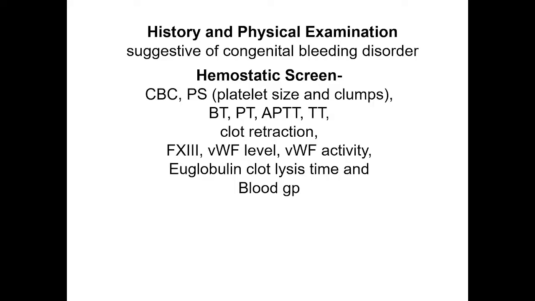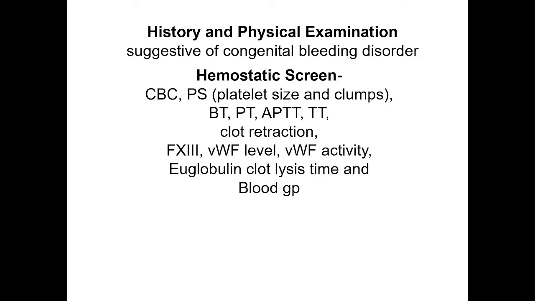Then bleeding time, PT, APTT, thrombin time, clot retraction, factor 13, von Willebrand factor level, von Willebrand factor activity, euglobulin clot lysis time and blood group. All these should be included in the screen. Screen means we should not miss any bleeding disorder. That's why these other tests are done, because BT, PT, APTT alone may miss some cases.